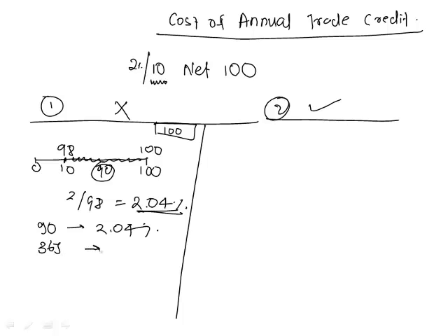How much for 365 days? So we cannot multiply because there is a compounding effect. So we will say 1 plus 2.04, don't do anything, 2.04% raised to 365 divided by 90 minus 1 into 100. So that number is there on your screen, 2.04. Now press the percent button.